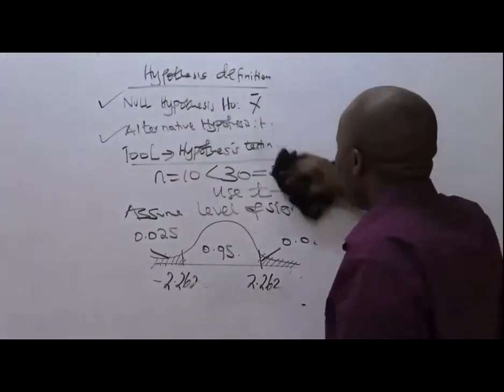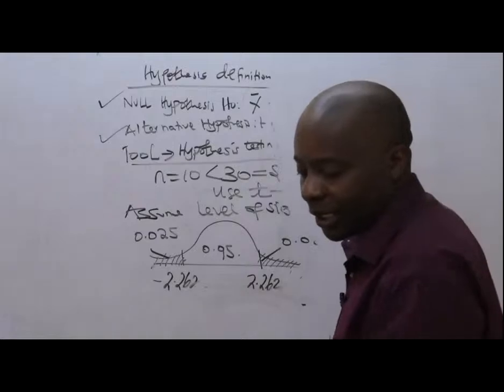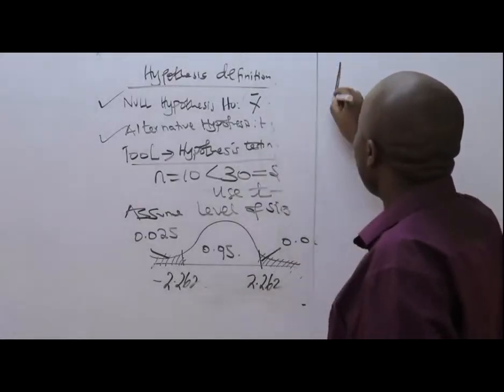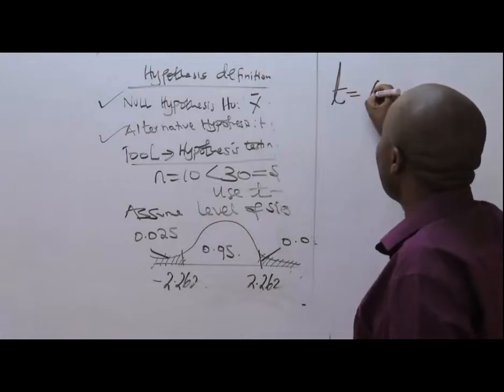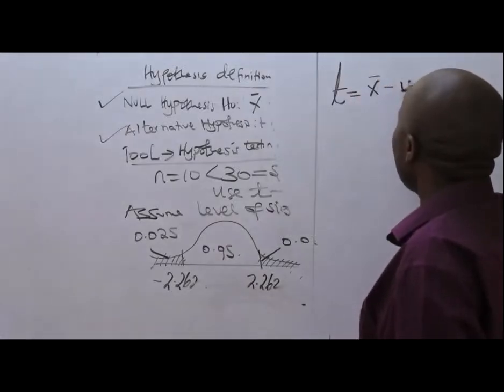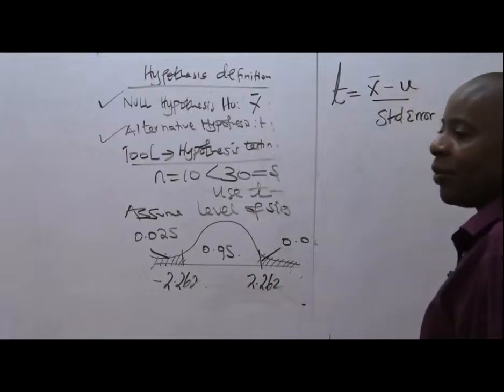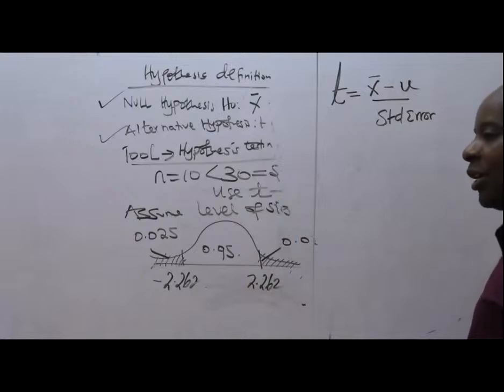Ladies and gentlemen, our T: how do we test? We take X bar minus mu divided by standard error.